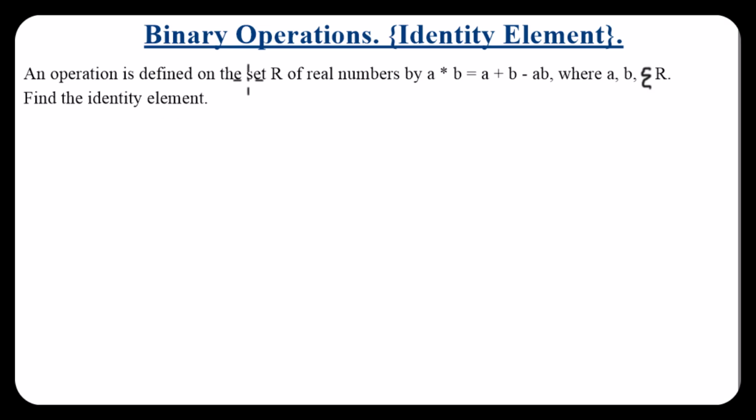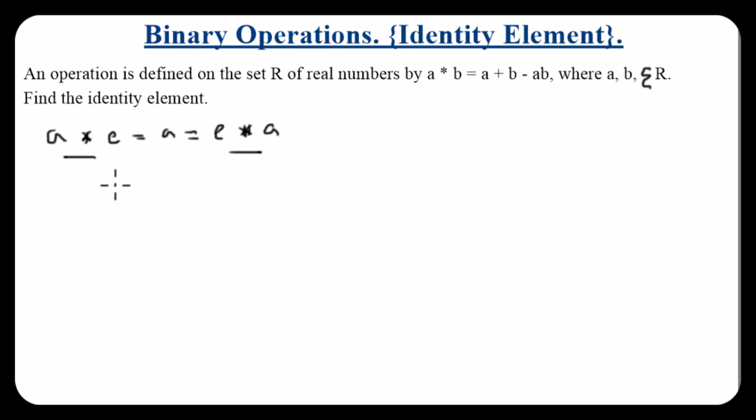From our definition, we know that for identity elements, by the time I combine the first element with an identity element, I have to get the number itself. So that is A star E must be equal to A, and also must be equal to E star A. Whichever one you want to use, you should arrive at the same answer, which is A.